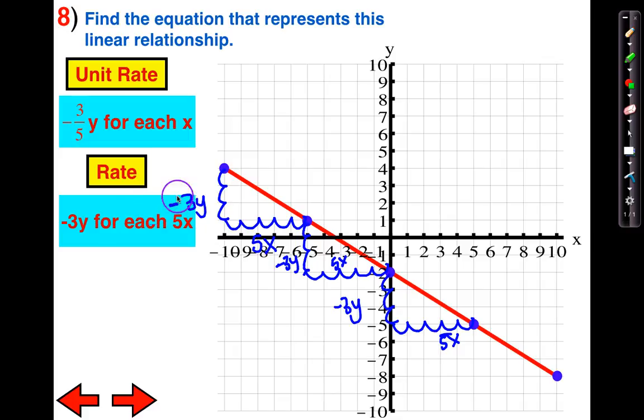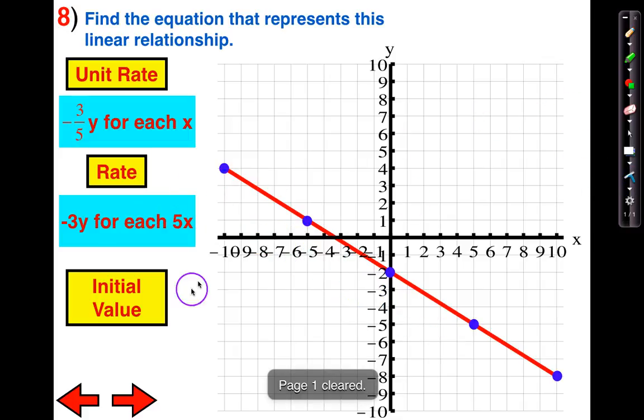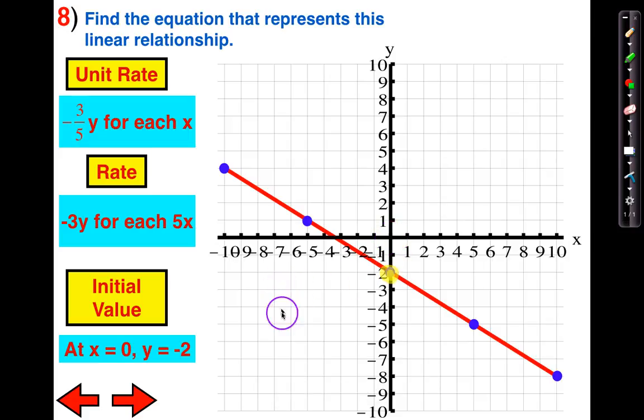Okay, so now all we have to do is figure out what our initial value is. That means when x equals 0, which is here, what is y? y is negative 2. So at x equals 0, y equals negative 2.